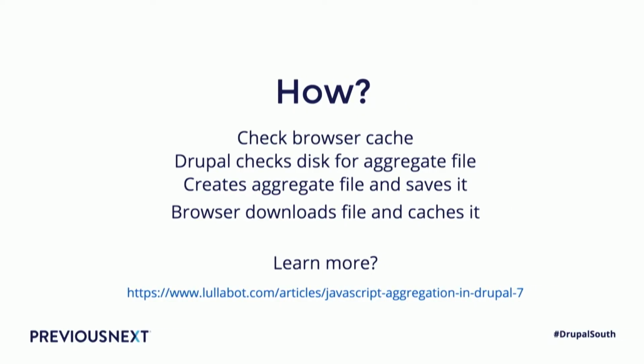So you go to a page, the browser checks the browser cache for a file. If the browser cache doesn't have it, then Drupal checks the disk for the aggregated file. If that file doesn't exist, they have a unique hash name that they look for.